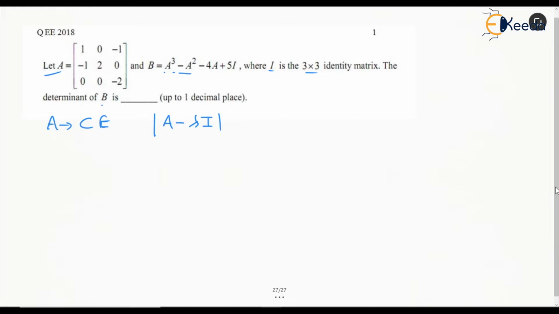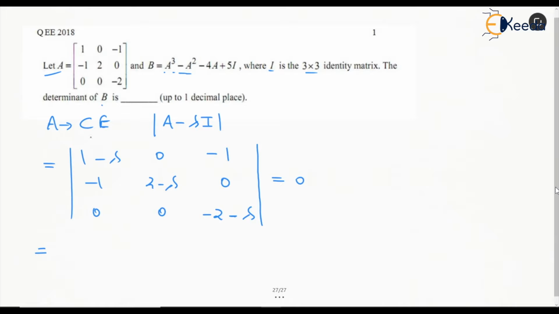So since we have already done this, we can write it as 1 minus lambda, 0 remains same, minus 1 remains same, minus 1, 2 minus lambda, 0, 0, 0, minus 2 minus lambda. This determinant equal to 0 is the characteristic equation of this matrix. So we can calculate this, of course.